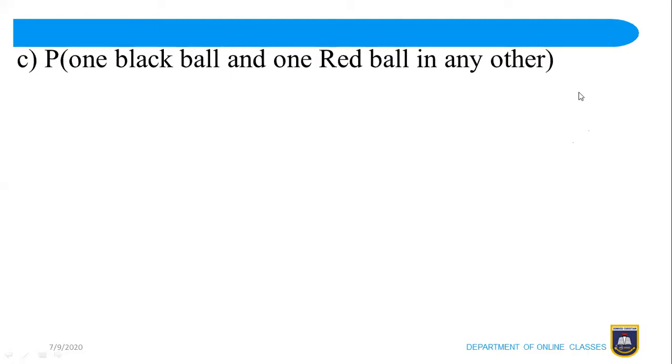So one black ball will be 1/20, and it will intersect with one red ball, which is 1/20. So I multiplied it and I got 1/40. Okay, that's your answer.